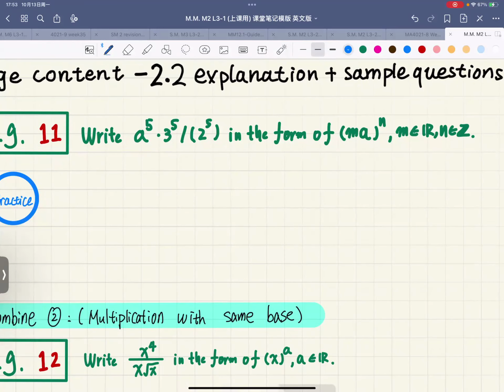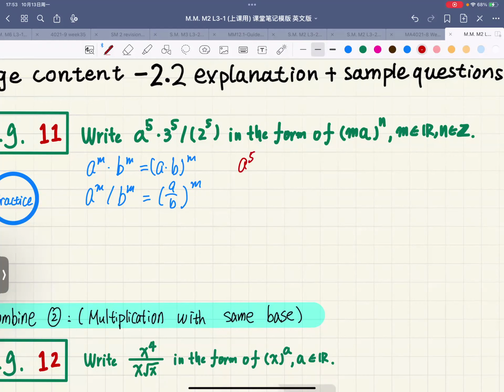The formula we need to use is a to the power of m times b to the power of m is equal to a times b to the power of m, and a to the power of m divided by b to the power of m is equal to a divided by b to the power of m.